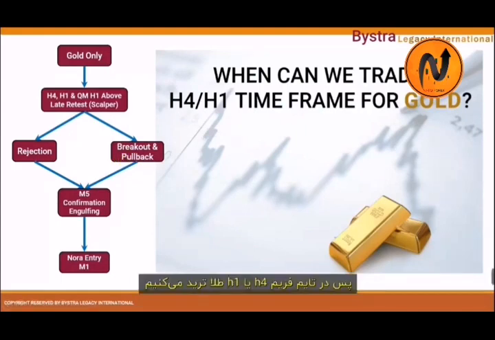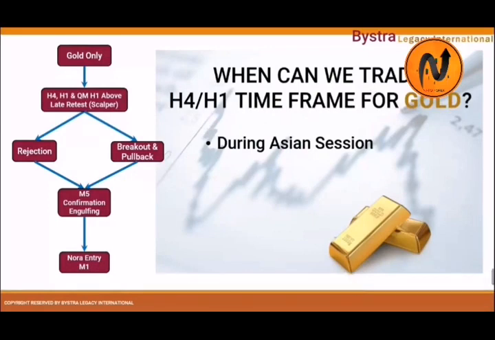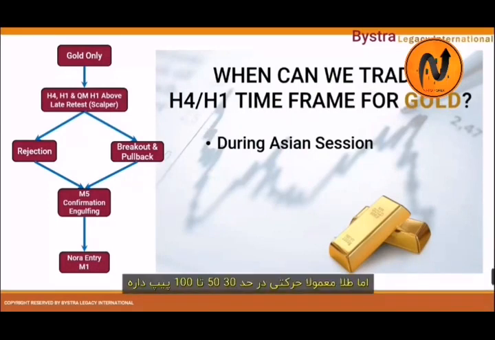So when can we trade the H4 H1 time frame for gold? Normally during the Asian session, because during this time the volatility is very low. However, even though the market volatility is low in the Asian session, gold will normally still move around 30, 50 to 100 pips.